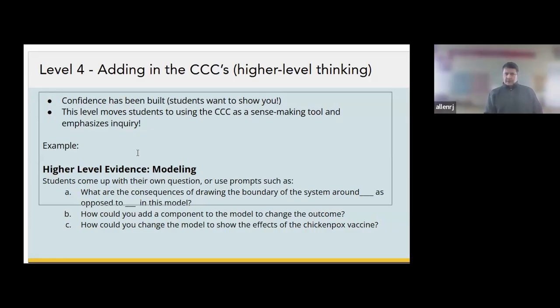They can come up with their own question or their own idea, but sometimes we'll give them prompts. We don't give them the same prompts every time, but we'll talk about what we want to do for this particular assignment, and then we'll give them a chance to show what they know and go above and beyond in their own way. And to be quite honest, a lot of the ones where we didn't give them a prompt were way better than anything I could have come up with, because I'm not really the smartest person in the room, to be honest.